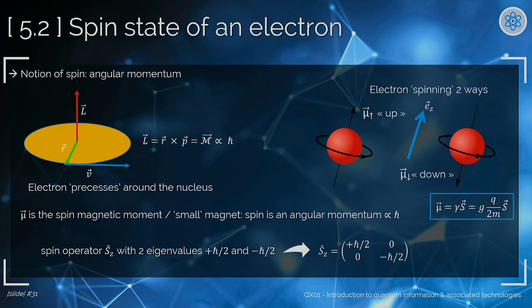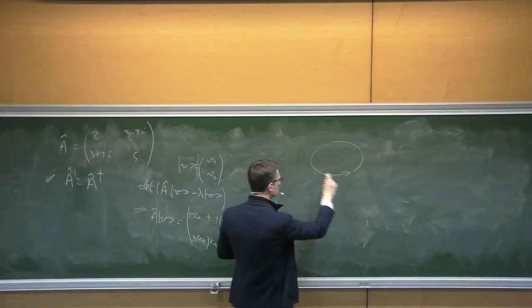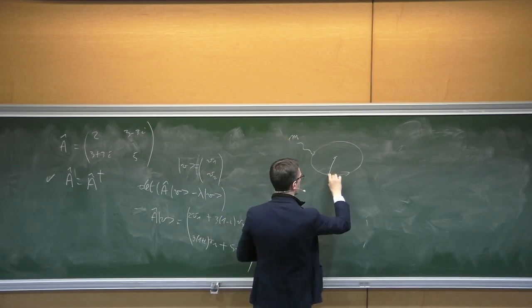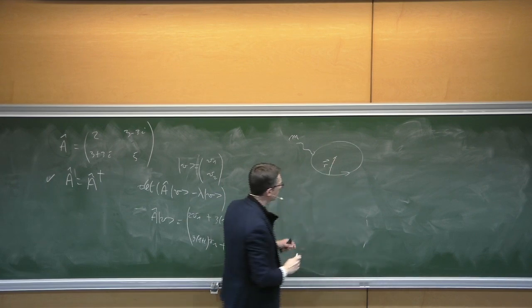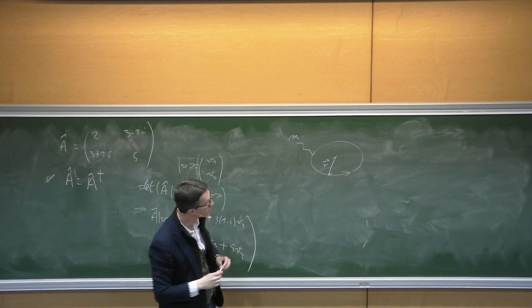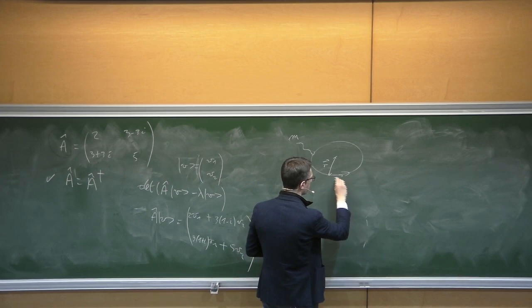So if I write this, if I have something that is spinning, something that is a mass m with a radius r, then when it spins, it will have a certain rotation speed v.